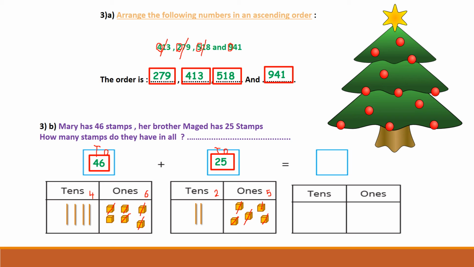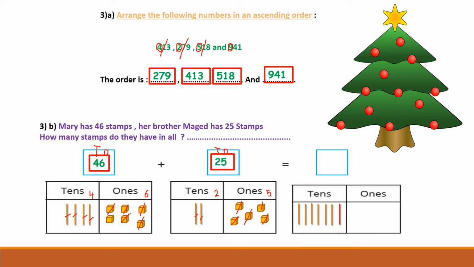So when I collect 10 small squares, I put now 1 tens. Then I'm gonna count how many tens. Here 1, 2, 3, 4, 5, 6.